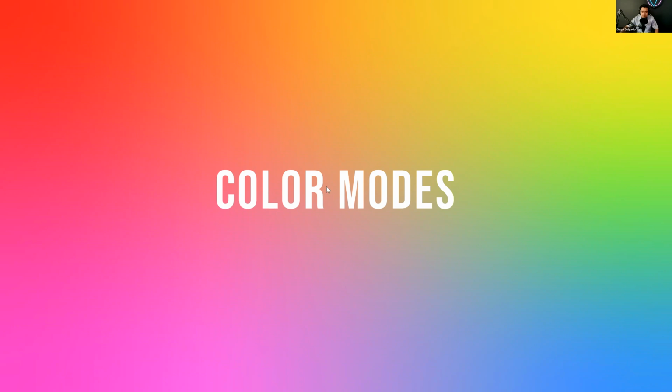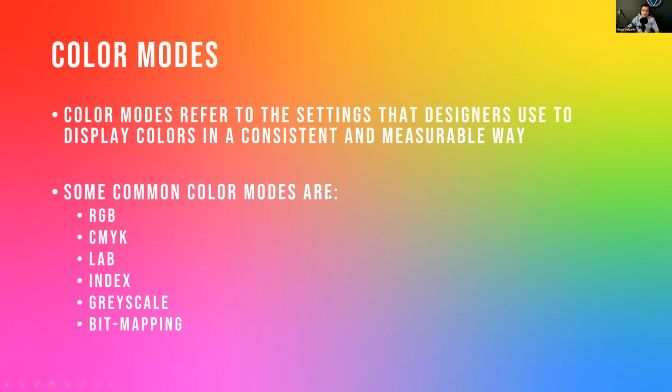Okay, so let's go into color modes. Color modes. What are color modes? Color modes refer to the settings that designers use to display colors in a consistent and measurable way. Some common color modes are RGB, CMYK, Lab, index, grayscale, and bitmapping. You're probably only ever going to work with RGB and CMYK though.